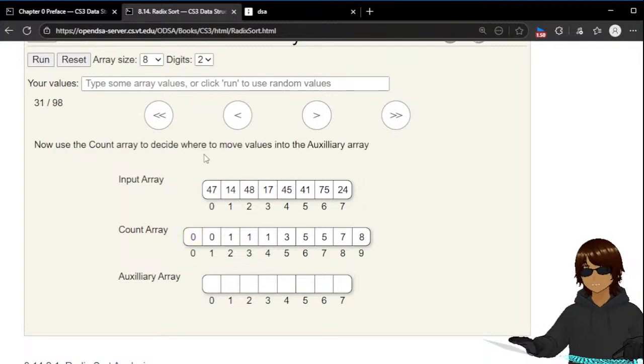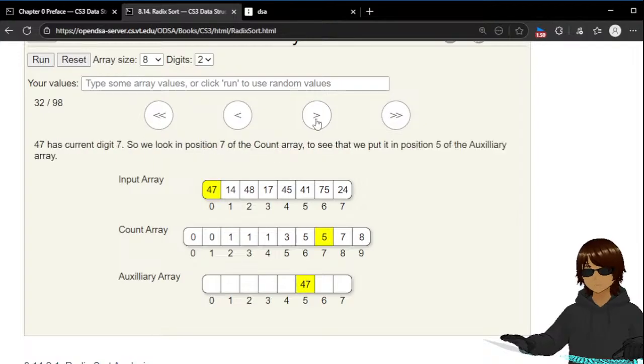Now use the count array to decide where to move values in the auxiliary array. So 47 has a current digit 7, and then it goes to position 5, and then 4 goes to position 1, 8 goes to position 9.